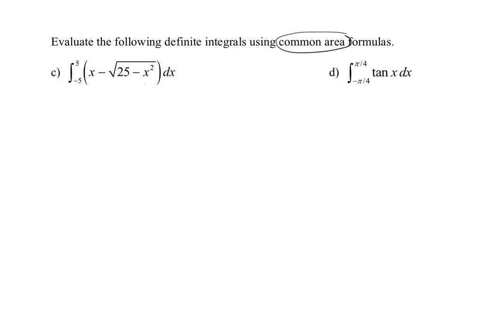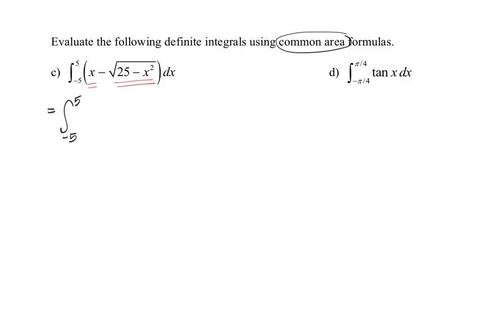And you may notice that this portion here is very similar to what we looked at in the last example. So the only difference is now we have this x term minus the square root this time. So if we use our properties of integrals first, we can actually rewrite this integral as two separate integrals.